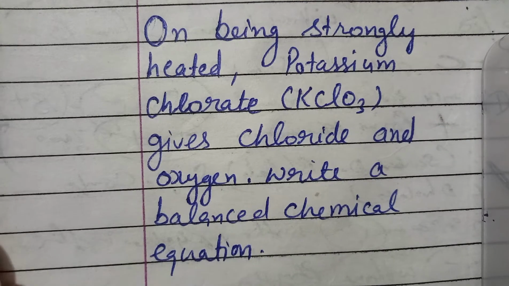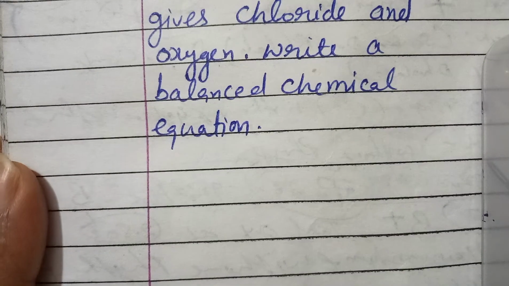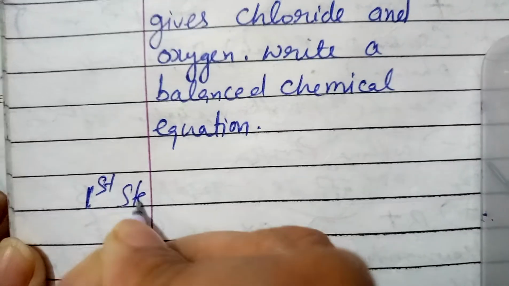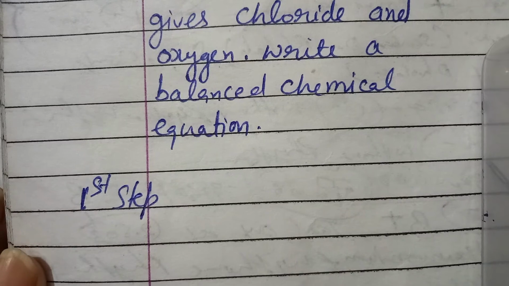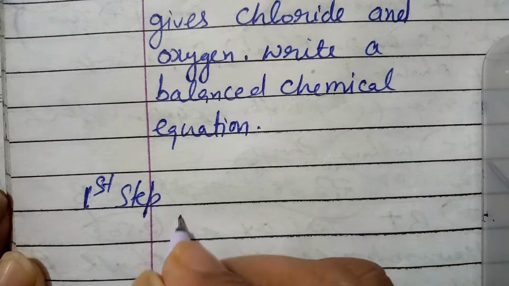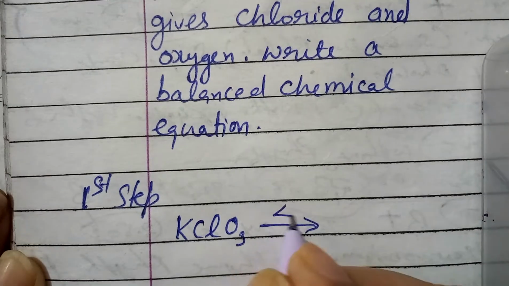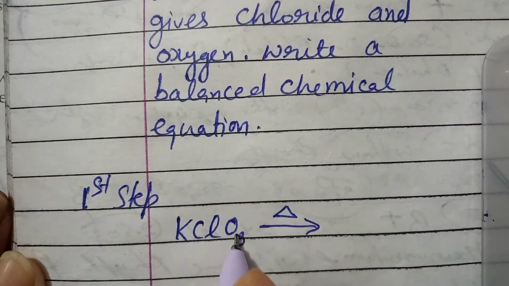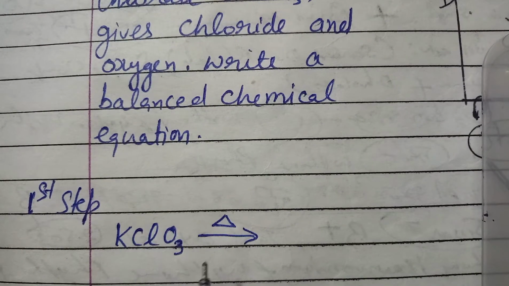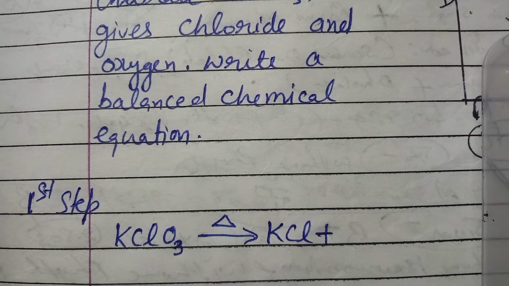We know what method we are adopting to write any chemical equation. First of all, in the first step we write the skeleton of the equation. The skeleton says potassium chlorate, KClO3, on strongly heating gives us potassium chloride, KCl, and oxygen.